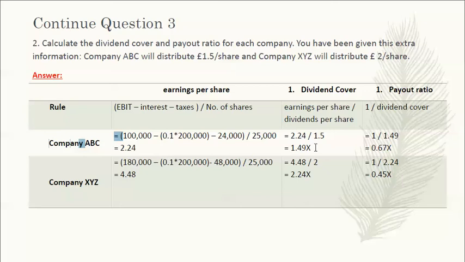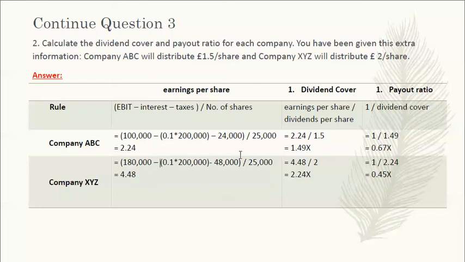Okay, and we will do this too for company XYZ. I need to calculate the earnings before interest and tax if it's not given, but here it is given, which is 100,000, and the interest is 0.1 multiplied by 200,000, and taxes 48,000.